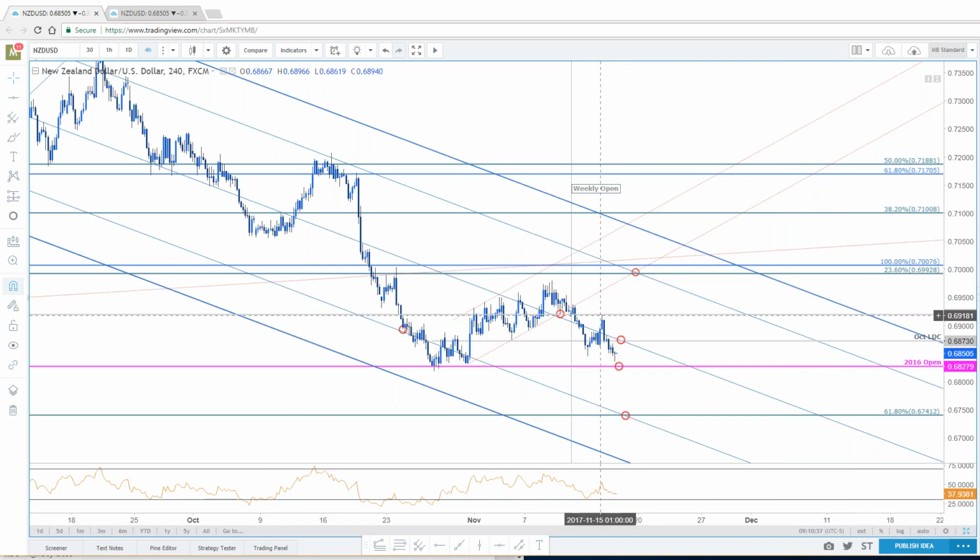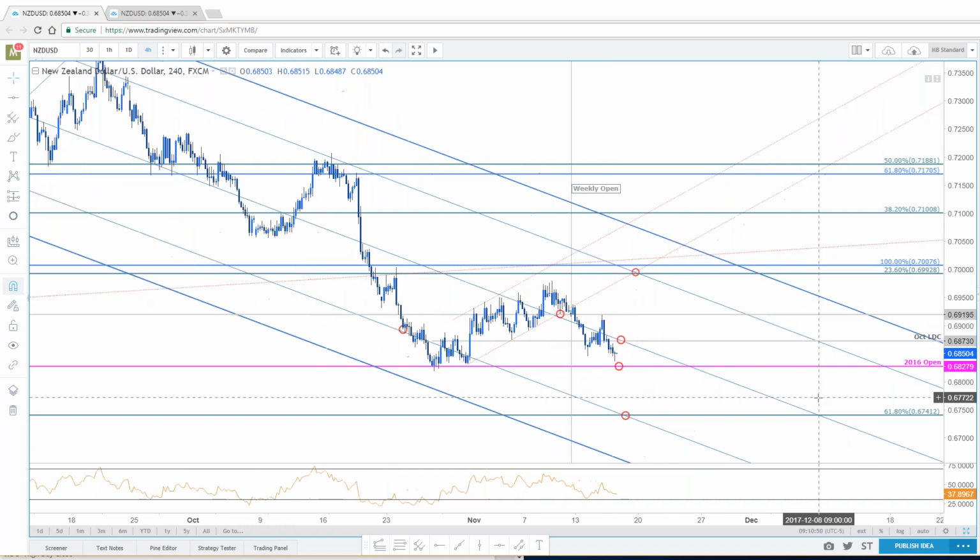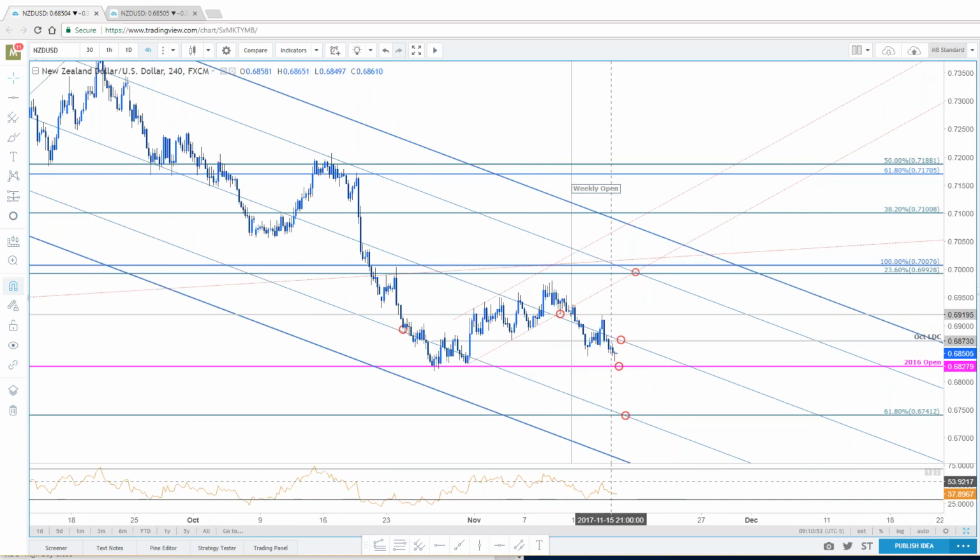But even if we were to break the weekly range highs, you still need to get through 70 for this thing to get bullish. Bottom line, that slope line also caught these highs here, converges there. It's the only thing that would put me bullish, Kiwi. Other than that, it is a downtrend at support. So any rebounds you get from here are likely to be just corrective, and a breakdown at this level is likely to see acceleration of the broader downtrend in Kiwi.